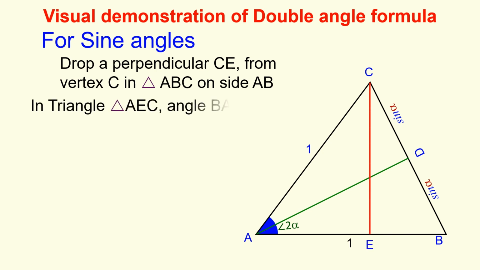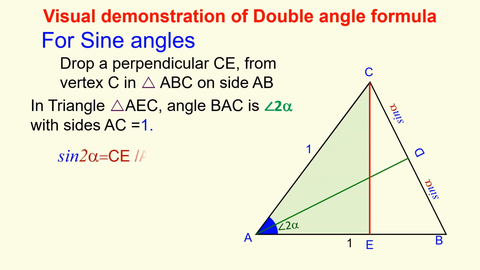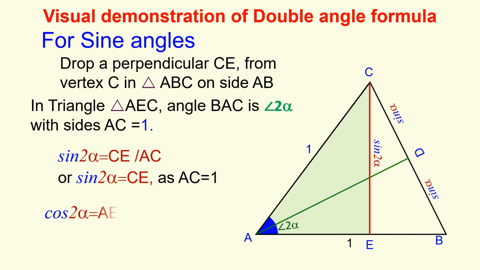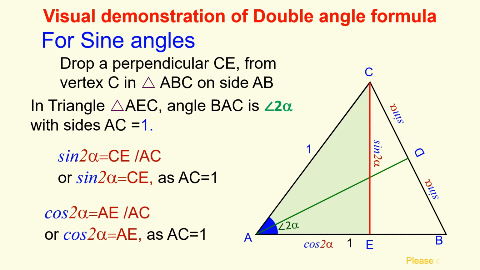In triangle AEC, angle BAC is 2 alpha with side AC equals 1. So, sine 2 alpha equals CE divided by AC, or sine 2 alpha equals CE as side AC equals 1, and cos 2 alpha equals AE divided by AC, or cos 2 alpha equals AE as side AC equals 1.